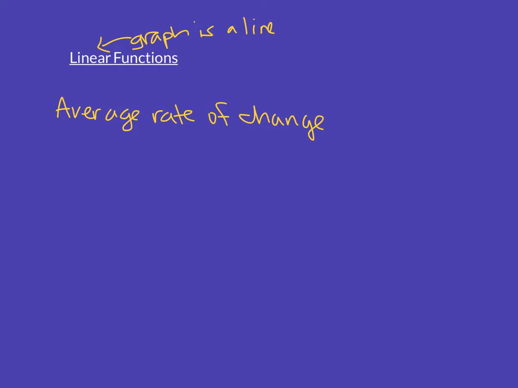There was a formula for it, f of a minus f of b over a minus b. Basically, this formula is the slope of the line. And if you have a linear function, your average rate of change is going to be equal to the slope of the line.